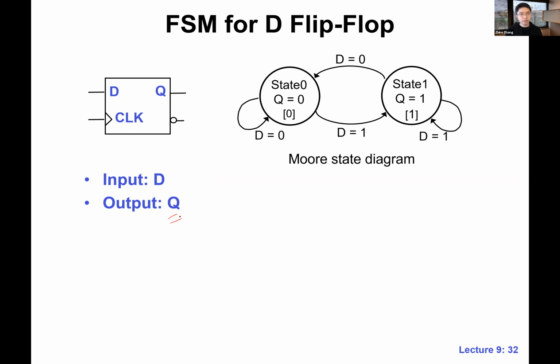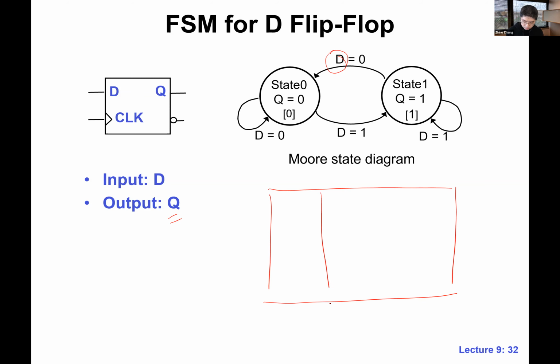So I have two states, and in each bubble the output is either 0 or 1, and based on input D, we make the state transition. No objection on this diagram? So then we can draw the table and try to analyze it, since we already have this state transition diagram.